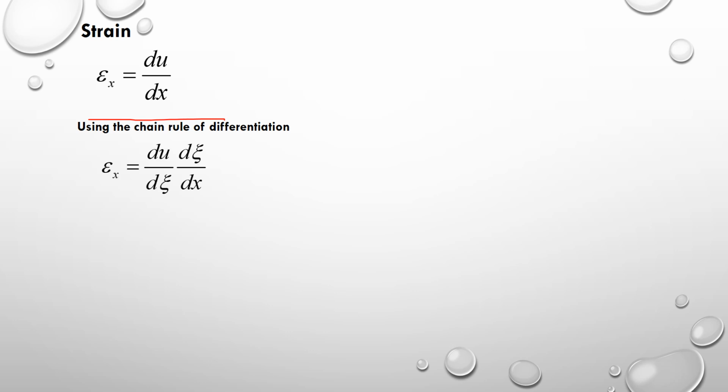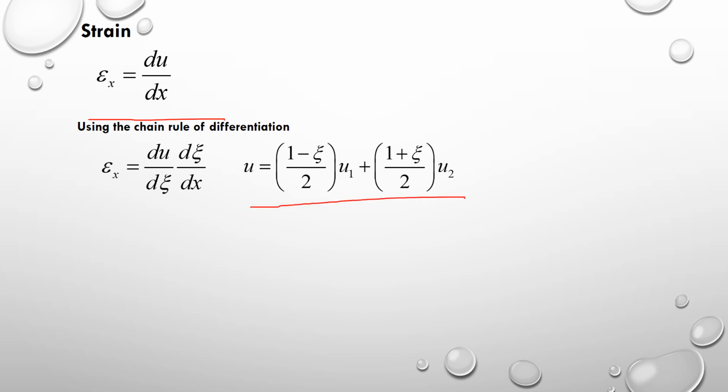So strain is equal to dou u by dou zeta times dou zeta by dou x. We know the u equation we just derived: (1 minus zeta) by 2 u1 plus (1 plus zeta) by 2 u2. In this equation, first we have to differentiate with respect to zeta, dou u by dou zeta.